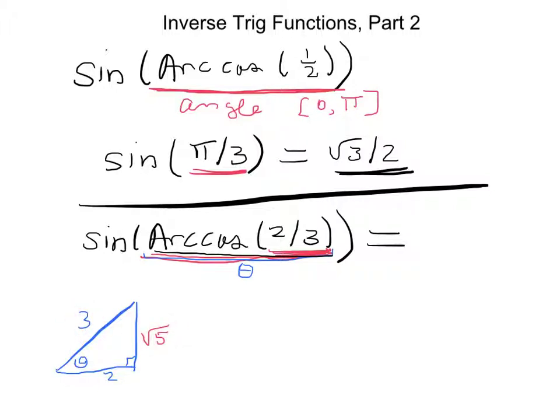And so the sine of the angle whose cosine is 2/3, we can see from our little picture, is equal to the square root of 5 over 3. Alright, so these two problems are the basic kinds of questions, and you really do need to make sure that you master those. Let's move on a little bit.